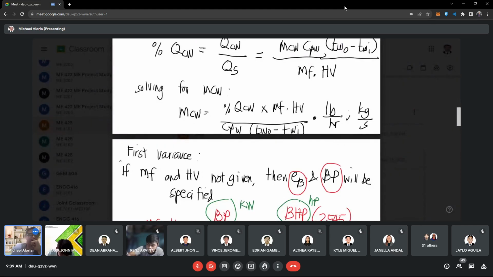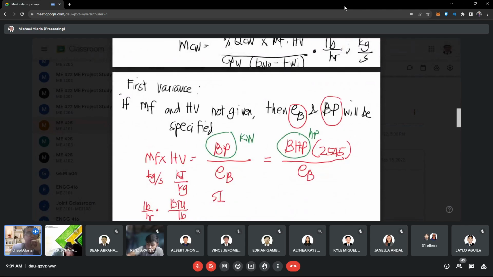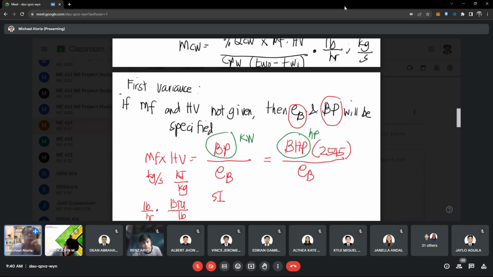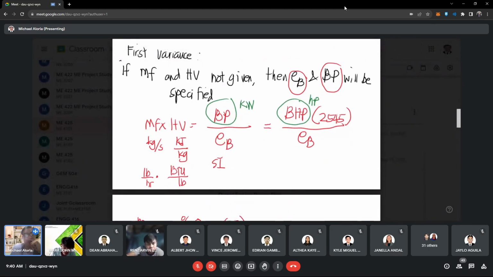Okay, so there are two variants na ginagamit natin sa equation. Kapag ang mF at saka heating value are not given, ibig sabihin itong data na ito ay hindi ibinigay, wala kang pagkukuhanan nito. Ibibigay naman sa iyo yung brake thermal efficiency. Kanina ginamit natin ito sa ating performance analysis: brake thermal efficiency at saka brake power. Ano ba yung ating relationship doon?